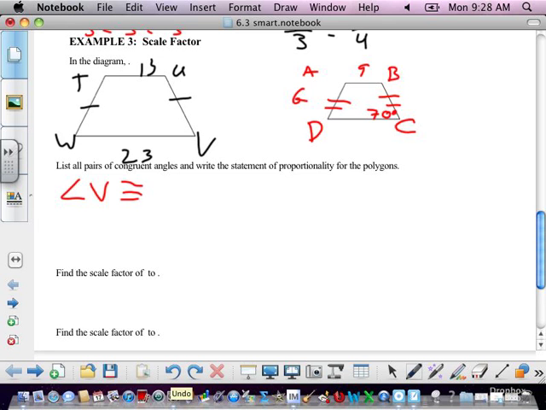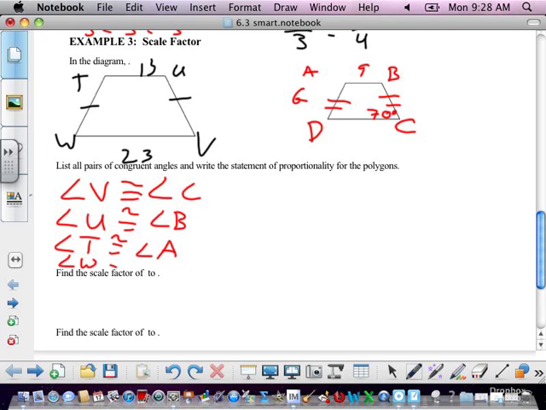Angle C. Angle U is congruent to what angle? B. Angle T is congruent to A. And angle W is congruent to D.